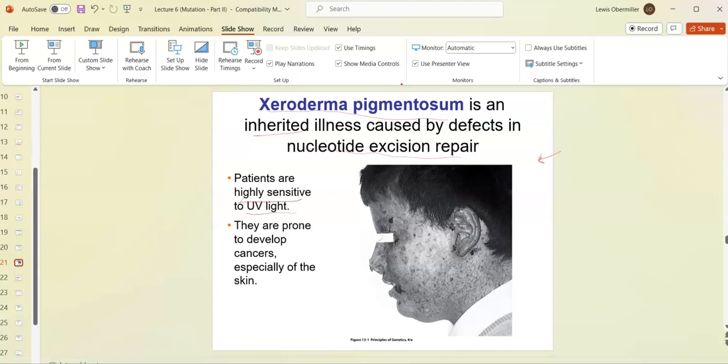So they're super sensitive to UV light. They're prone to developing cancer, right? Because remember, exposure to UV light, the most common thing that occurs is cancer, right? Because you're inducing mutations into your system. And if you accumulate too many mutations, you could end up with mutations in either proto-oncogenes or tumor suppressor genes.